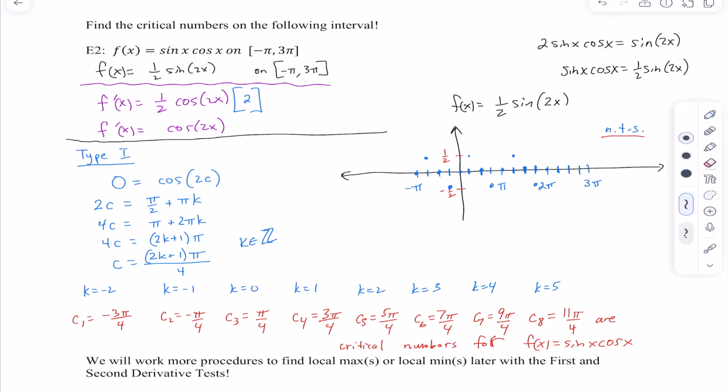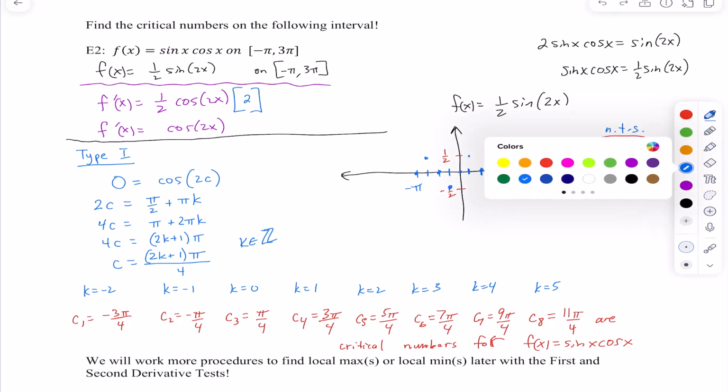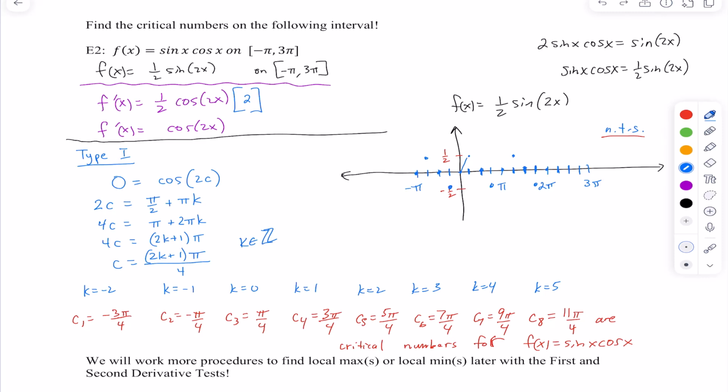And this will all work out beautifully, right? Whoops. And now, are you convinced that you will have this many critical numbers for your oscillating function? Hopefully you are convinced.